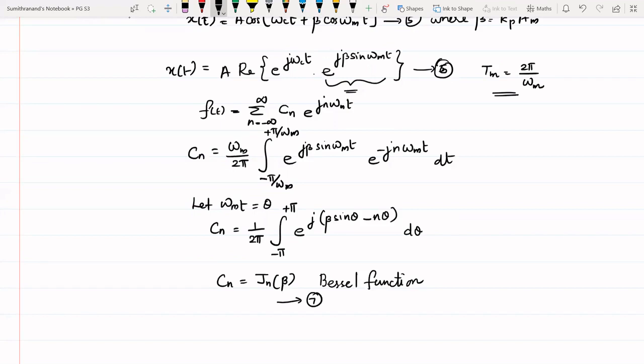Now let us come back to our equation number 6 above. This one, this equation.